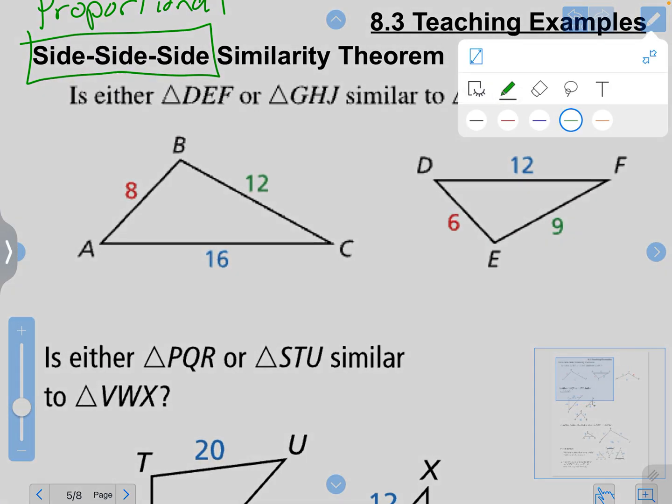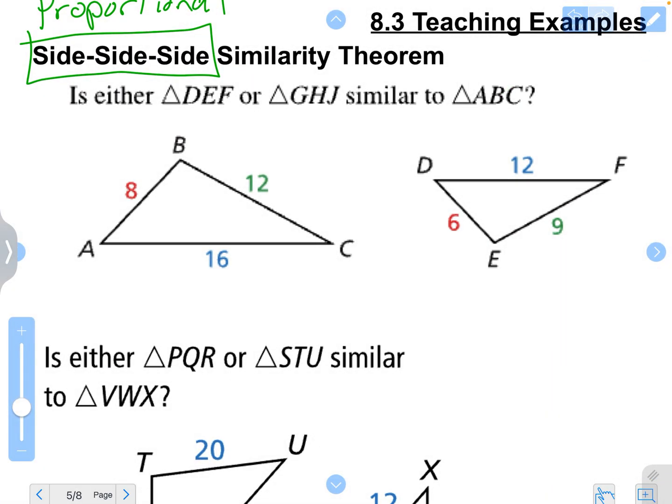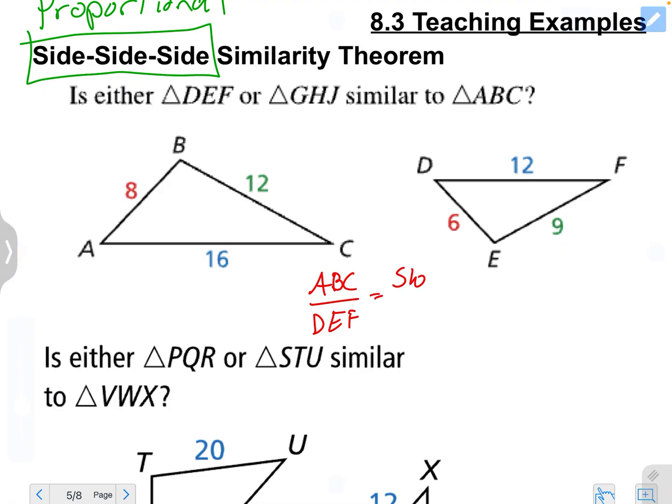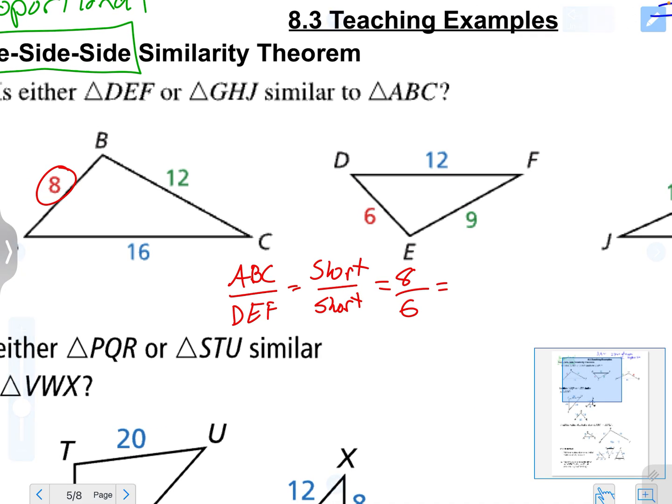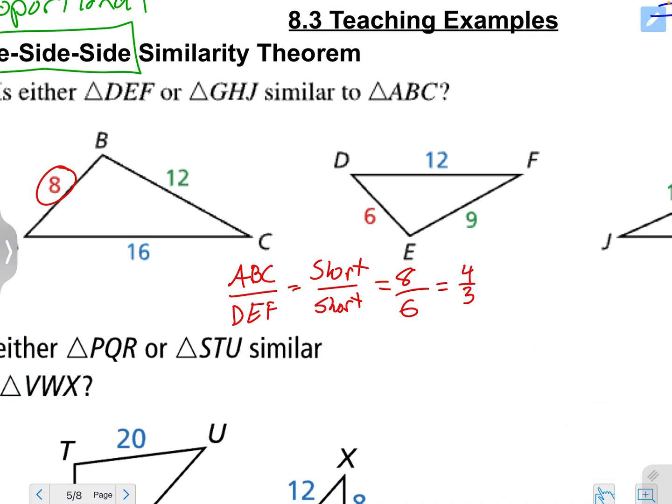First I'm going to see, is ABC similar to DEF? The way that I'm going to do that is I'm going to go short side. So I'm going to go ABC over DEF, short over short. I'm going to put 8 on top and 6 on bottom, and that should simplify to 4/3.